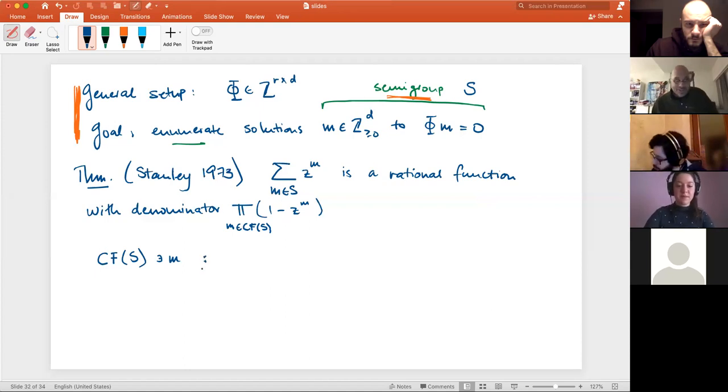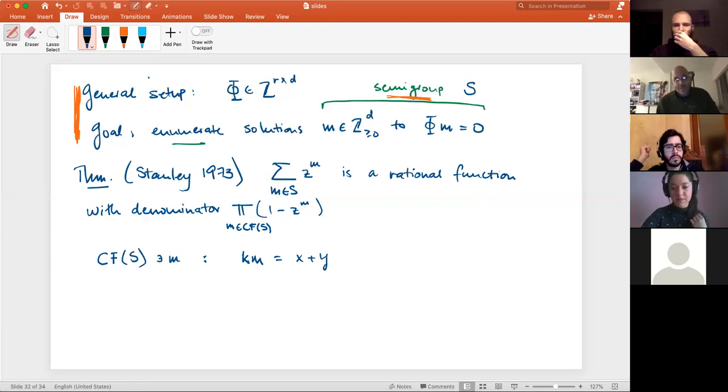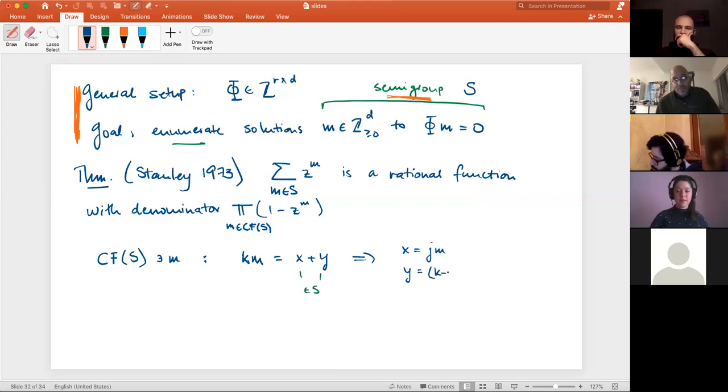This is an element m such that if you take an integer multiple, k times m, and you write this as the sum of two elements x and y in S, then the only way to do this is in a trivial way. The only way is that x is some multiple of m, and then y is the complementary multiple of m.